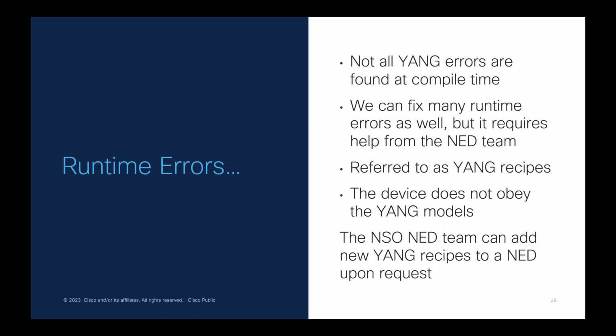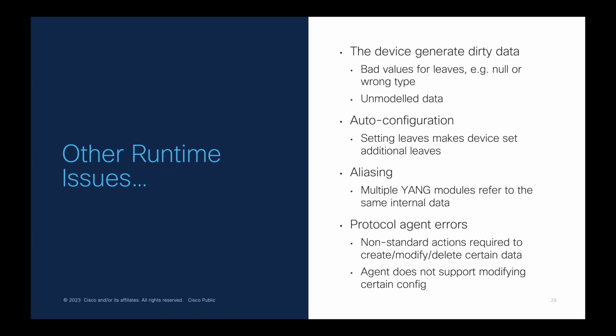There are many other runtime problems. There are devices with various non-standard behaviors. Some devices return config containing dirty data of various kinds, for example, invalid values, wrong type, outside allowed range, and so on.